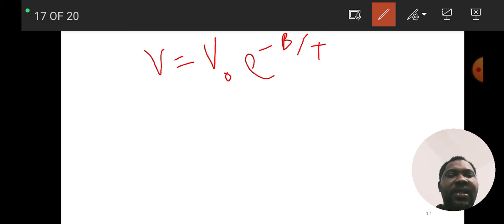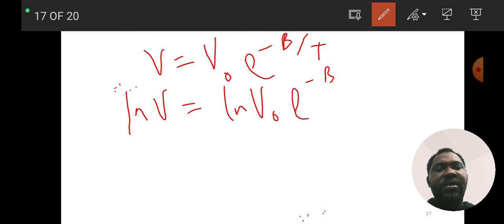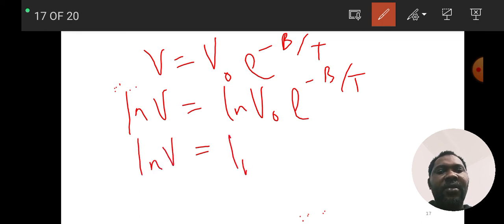And now that means we are going to have ln v equal to ln of v naught exponential minus b over t. Which is also equal to, we can continue here, ln v equal to ln v naught plus ln, applying the law of logarithm.